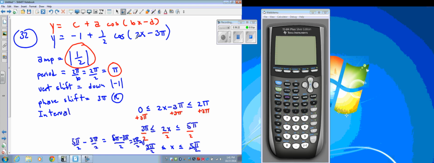D is called the argument. And all right, if you look back on page 158, it's saying method 1 for doing the phase shift. You see what they're doing is they're putting 0 less than or equal to x minus pi over 3 less than or equal to 2 pi.